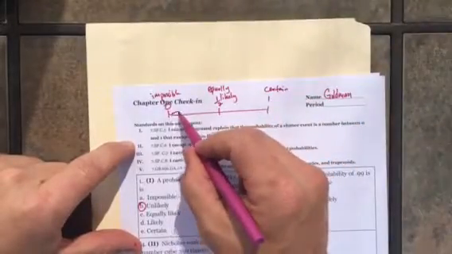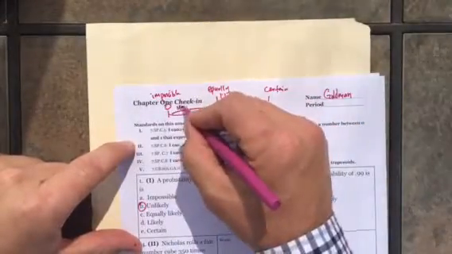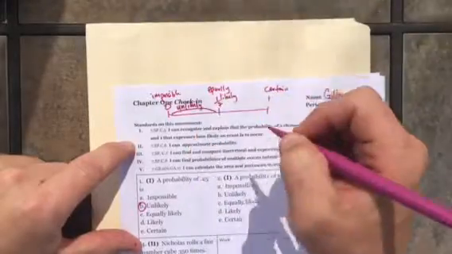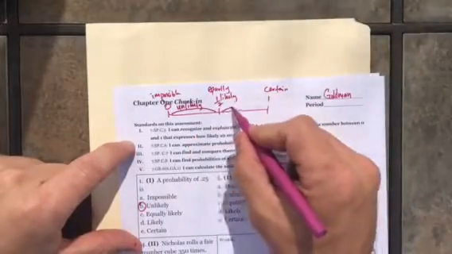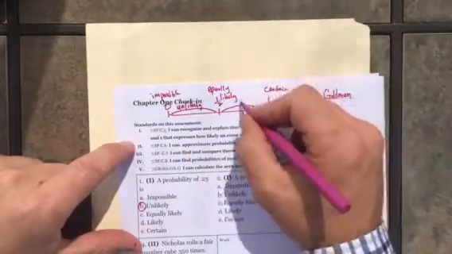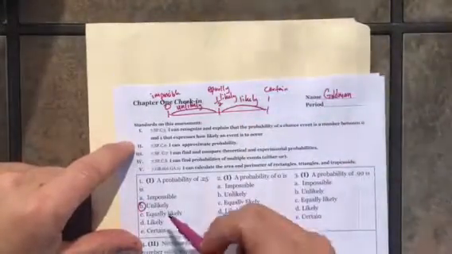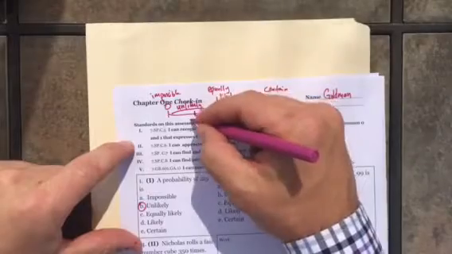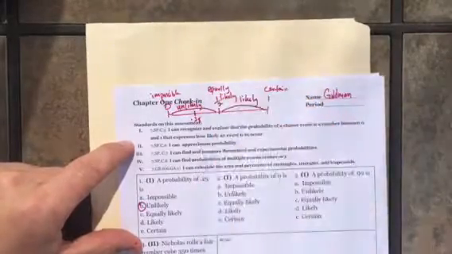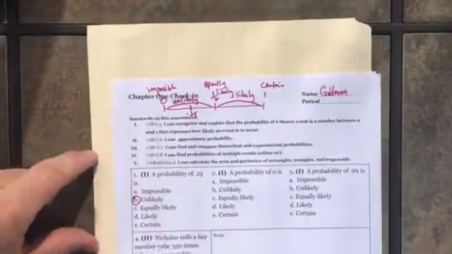So anything in this range is going to be unlikely. Anything in this range, all the way up to 1, is going to be likely. Since 0.25 is 1/4, that goes right there. It is in the unlikely section.